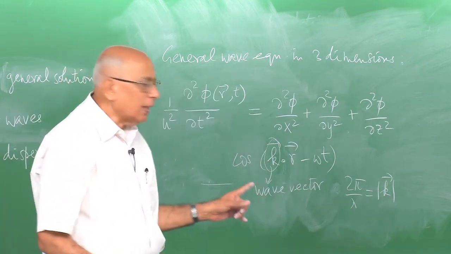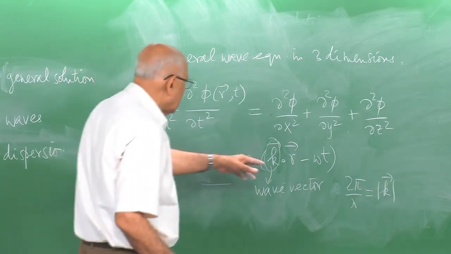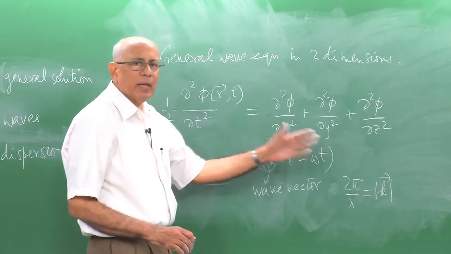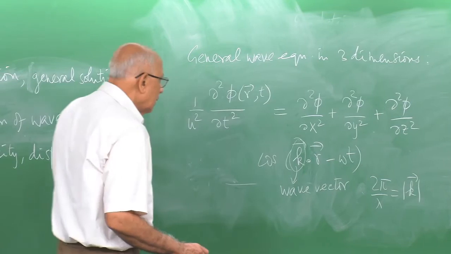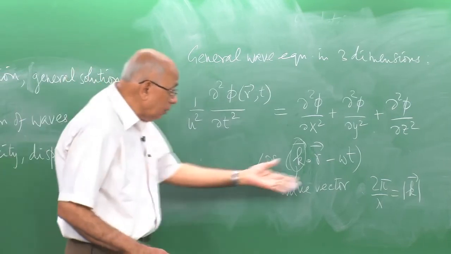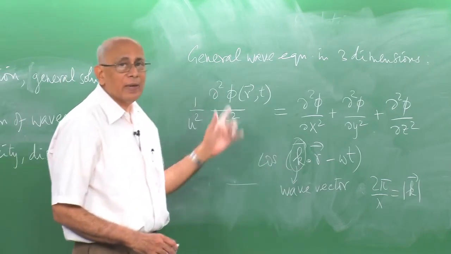We looked at it in the x direction, so k dot r was just k times x, but you could have a wave which is propagating in some arbitrary direction, and then we can ask what kind of wave is this? It is not a spherical wave.